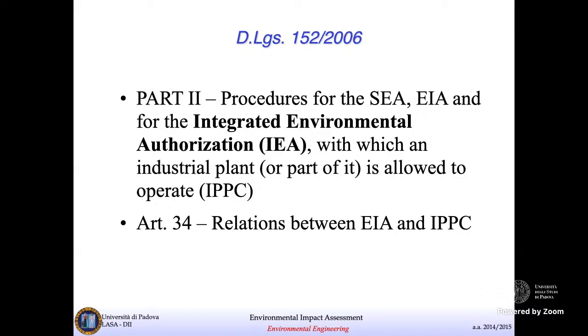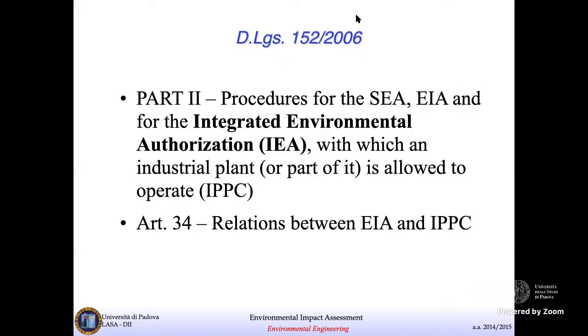As you may recall, an effort has been made in the issuing of legislation in which, given that the production of this kind of authorization is very cumbersome in terms of money, time, knowledge, flows, and so on, there is a trial of optimizing this procedure in order not to make the work twice.